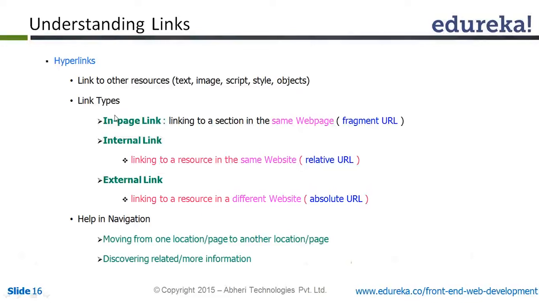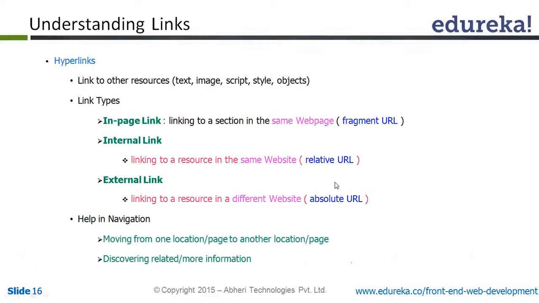I said there are three different types of links. The in-page link links within the same page, and this is specified as the fragment in the URL. We'll talk about what this fragment inside a URL is and how to specify it. If it's an internal link, linking into the same website, it is called a relative URL. This is the URL without HTTP.